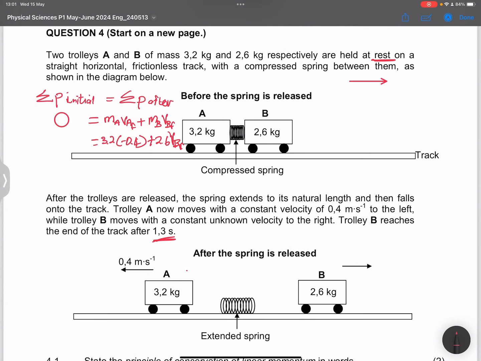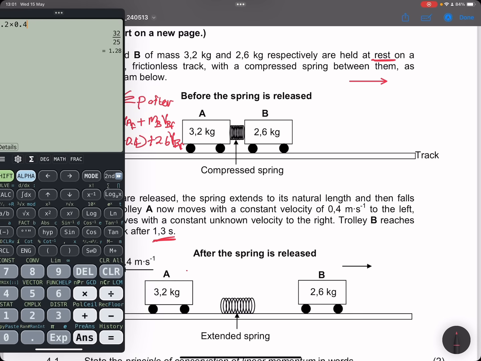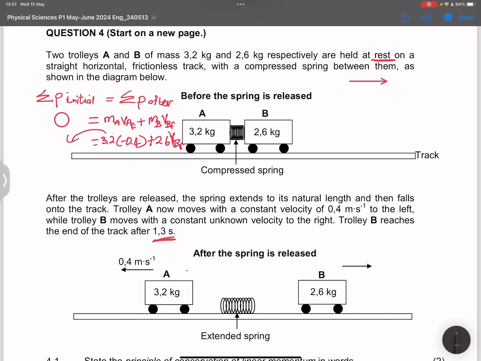Let's try and get that. So 3.2 times negative 0.4, I get negative 1.28. And remember, when you take it to the other side, it becomes positive, whereas it would have been negative here.